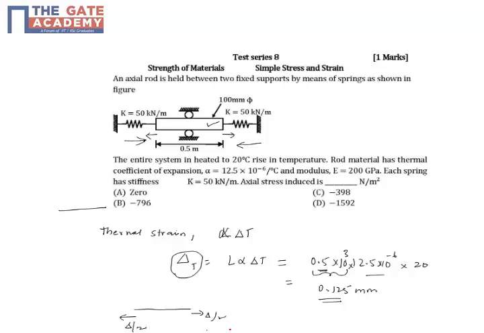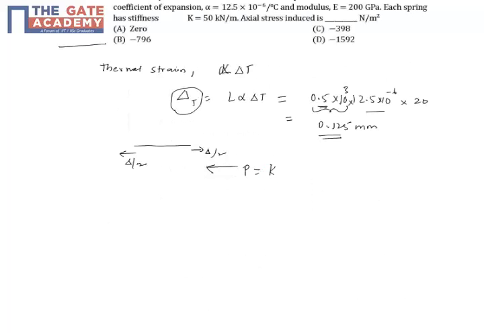When you compress the spring by delta by 2, the spring will exert a force k into delta by 2, and the same thing on the other side, the spring will exert an opposite force k into delta by 2. This P is what acts on the rod as a compressive force, and because of that you get the stress. So let's first find this P, k into delta by 2.